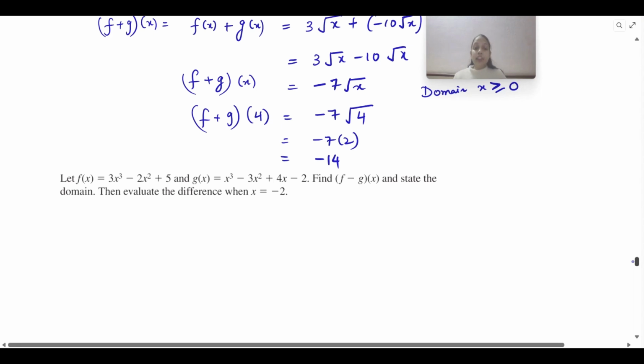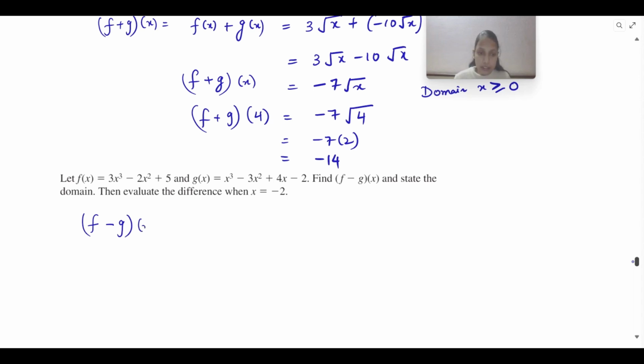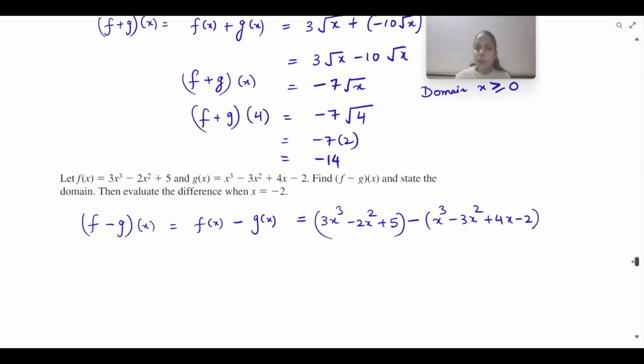Fx is given, gx is given. We have to find f minus g and state the domain. So f minus g of x, that is f of x minus g of x, is equal to 3x cubed minus 2x squared plus 5 minus x cubed minus 3x squared plus 4x minus 2.